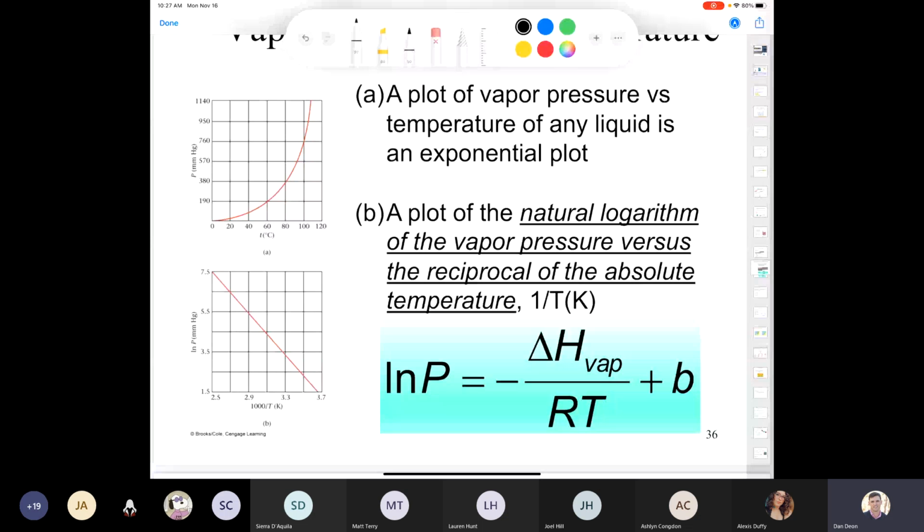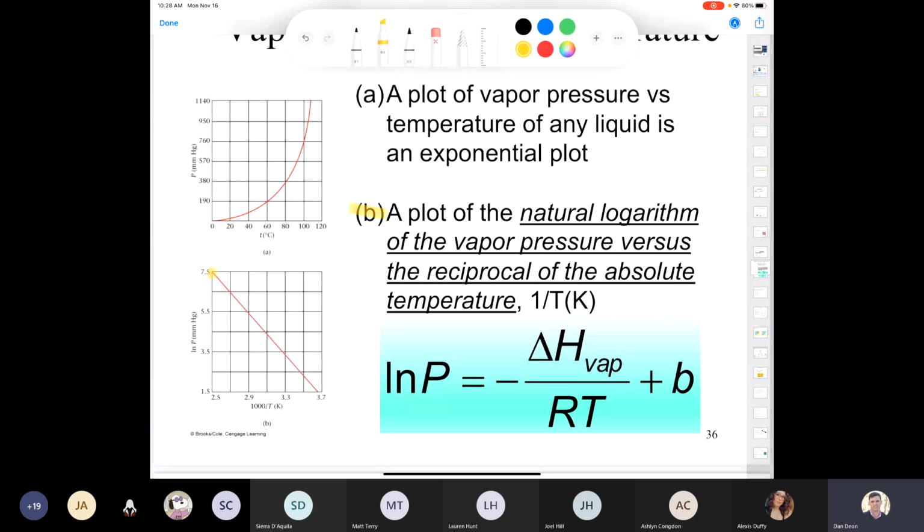It says here that a plot of the natural logarithm of the vapor pressure versus the reciprocal of the absolute temperature. And if we get an equation for this line here, it is ln P equals minus delta H of vaporization divided by RT, plus B. You can see our B, our y-intercept, is up here.